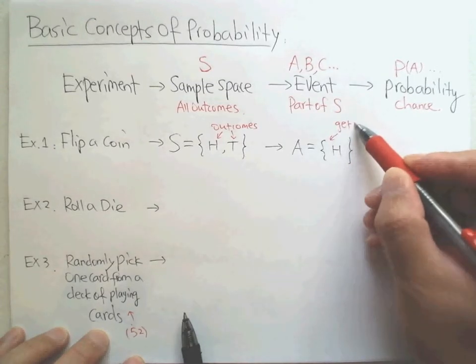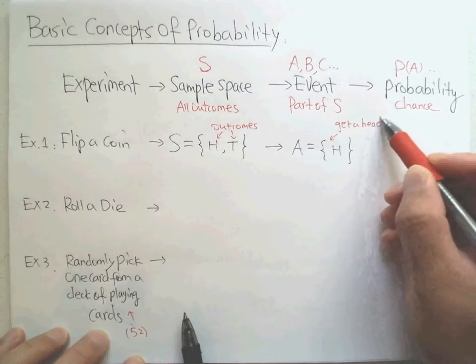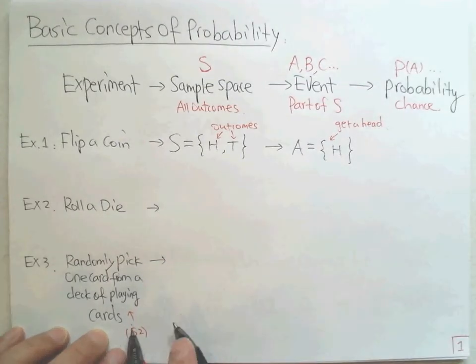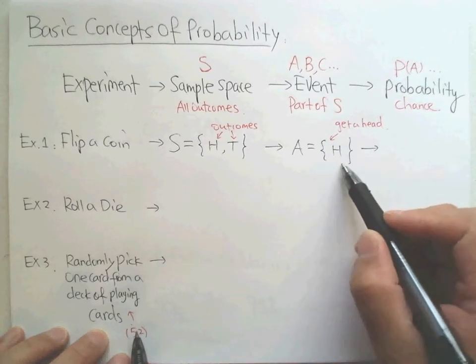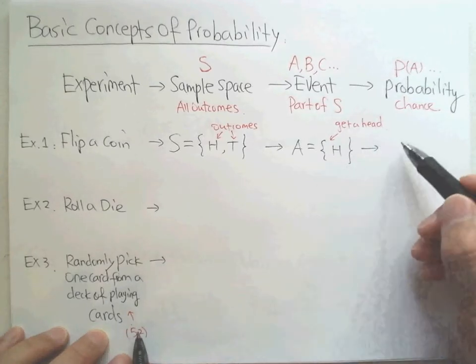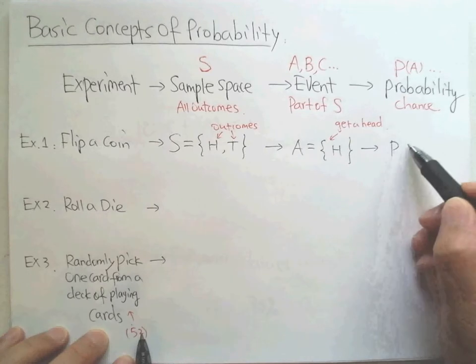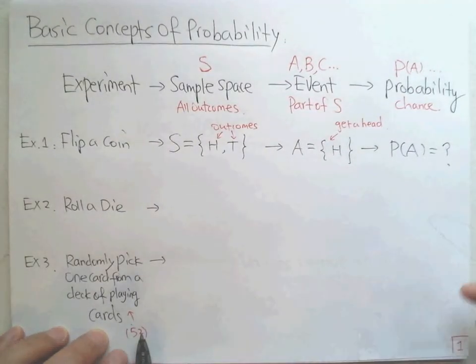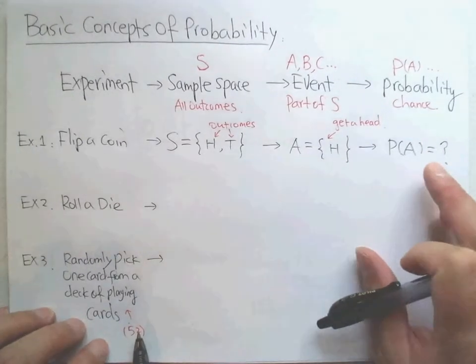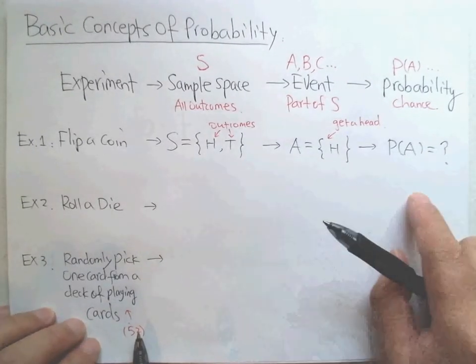Then finally, we can move on: what is the chance I'm going to get a head? The chance we call the probability. The final question is, what is the probability of this? That's the basic question of probability. I'm going to answer this later with the classical probability model.